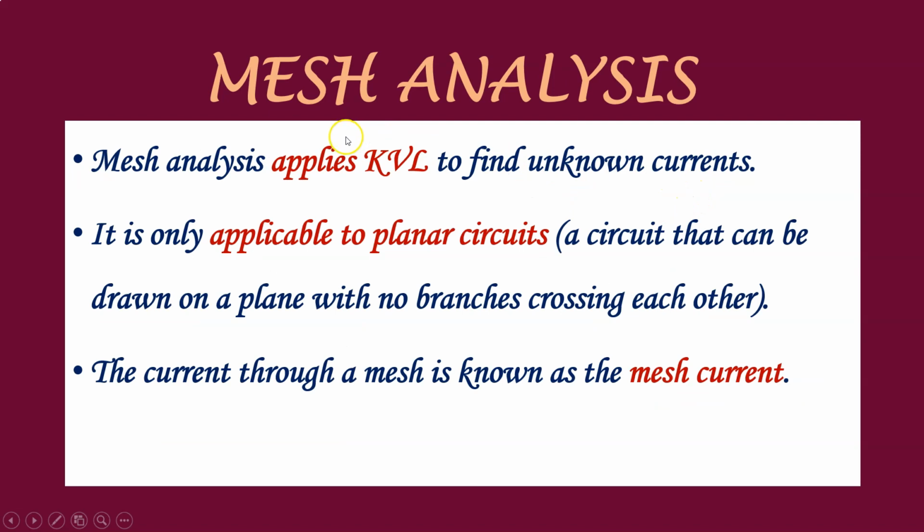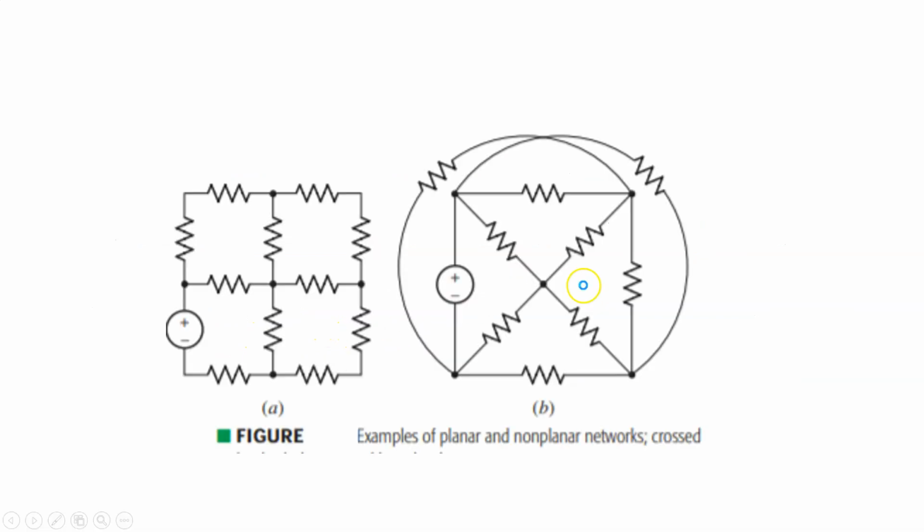To analyze by this method, we will be applying KVL to find the unknown currents. KVL is nothing but Kirchhoff's voltage law. This analysis method is applicable only to planar circuits, that is, a circuit that can be drawn on a plane with no branches crossing each other.